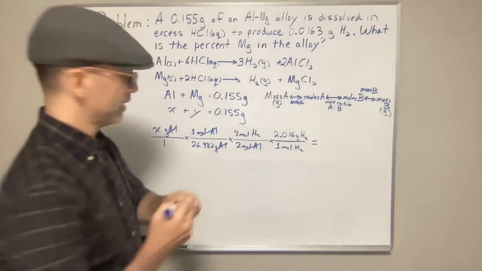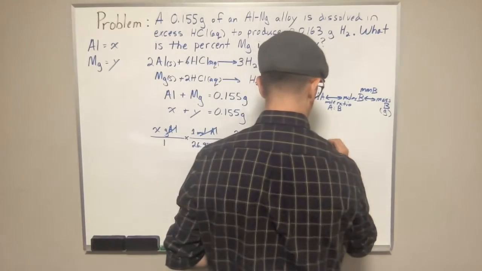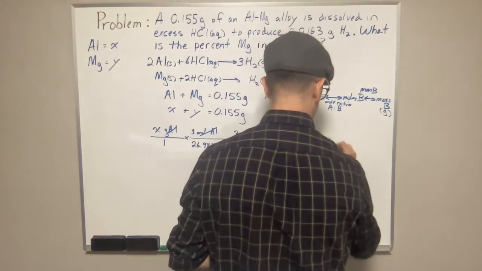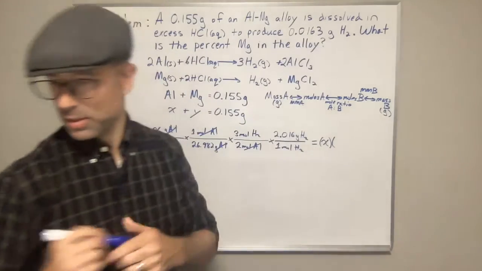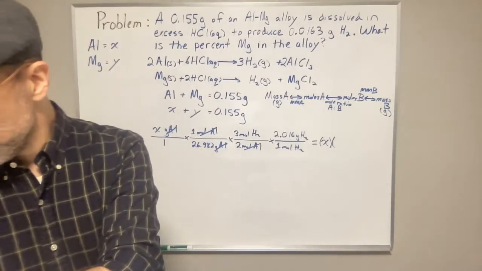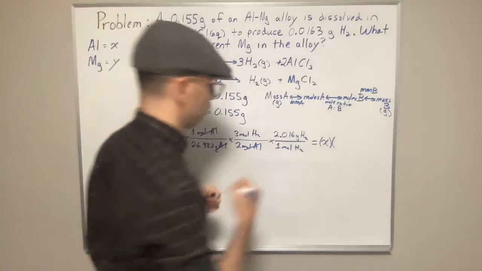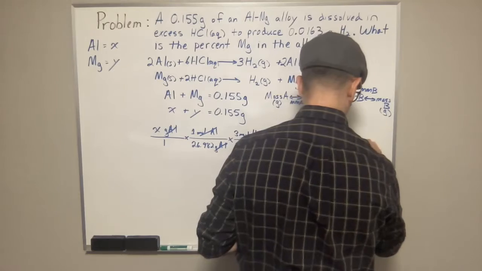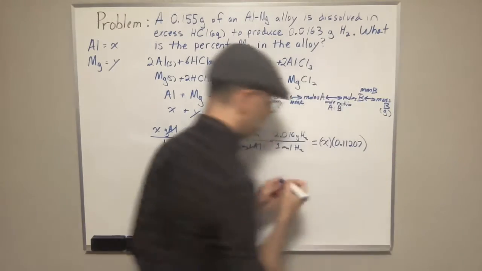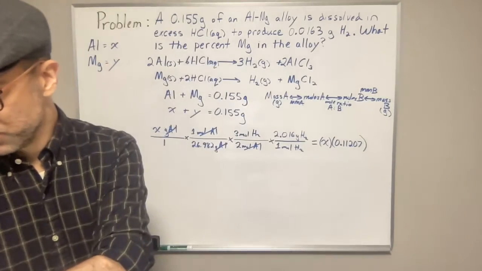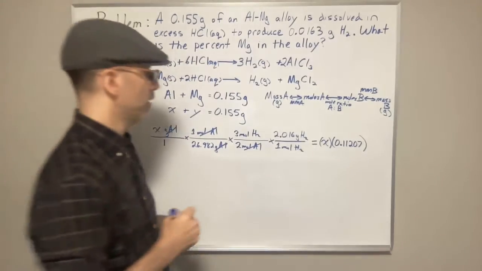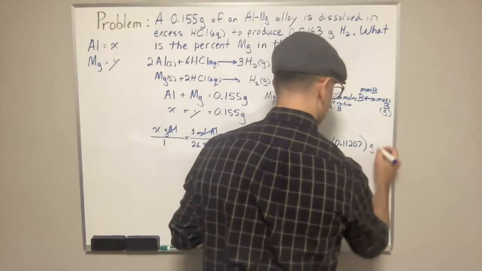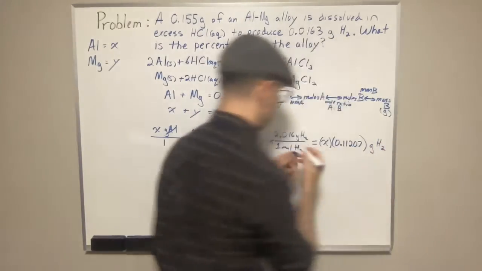So I get X times 0.11207 as my answer. Let me double check. 0.11207. And so this is going to be grams of H2.